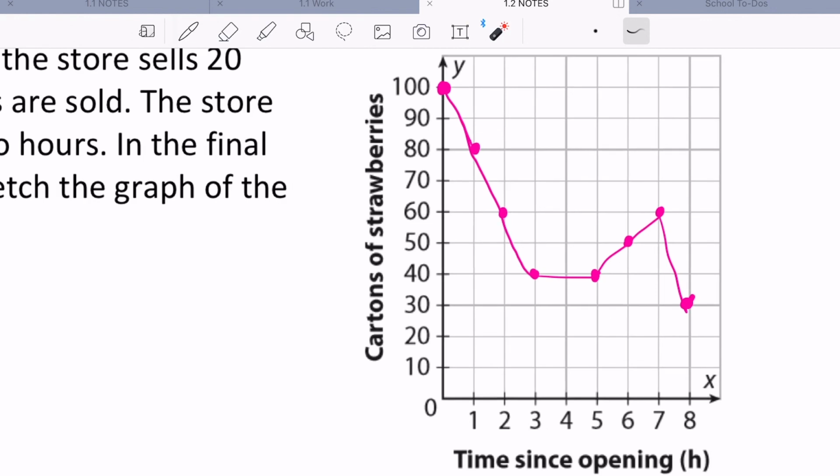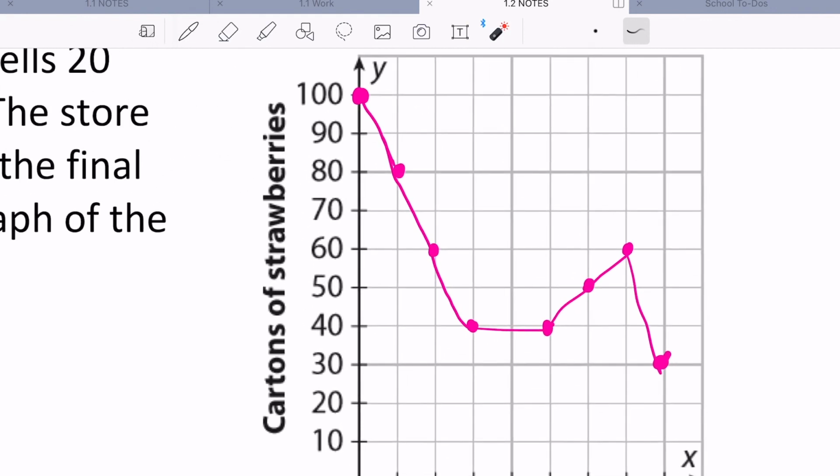Okay, so when you have that much detail, it's very simple for you to simply plot the points and then come back and sketch your line, right? And remember, do it as straight as possible. And I know it's hard if you don't have graph paper, but just do your best. And this would be your graph for the sale of strawberries.